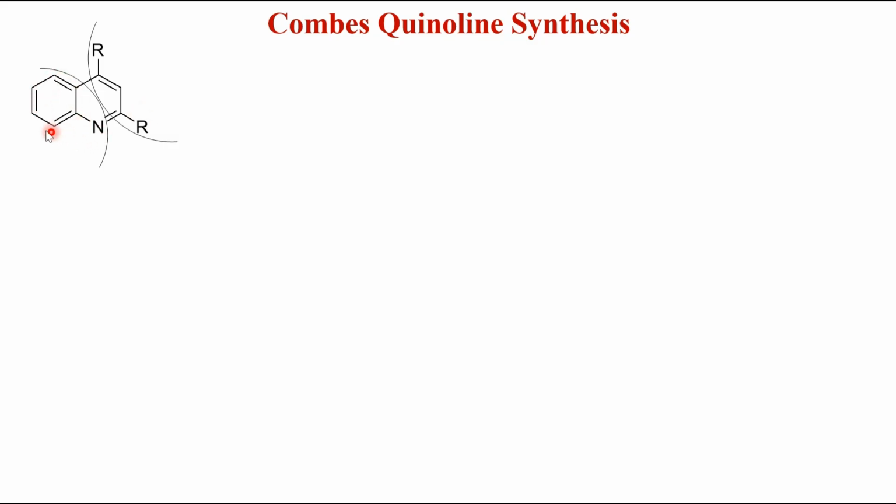Here I have a phenyl group and nitrogen. I can take phenylamine, that is aniline, as one of the starting materials. And here, 1, 2, 3, a 3 carbon donor I'll take. I treat a 3 carbon donor with aniline, I'll get quinoline.